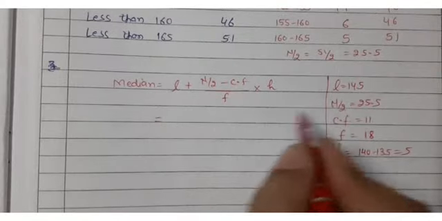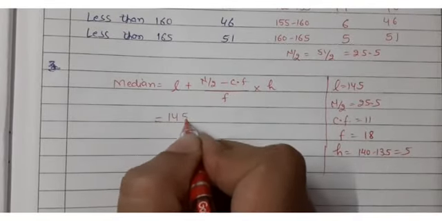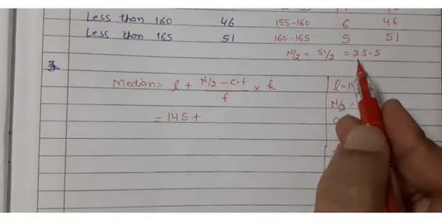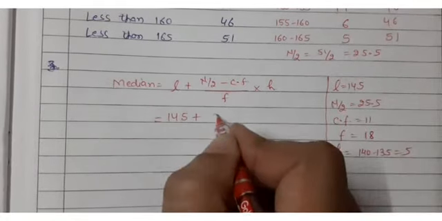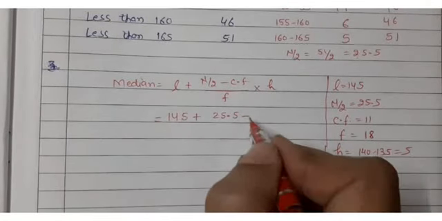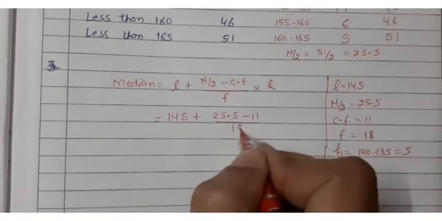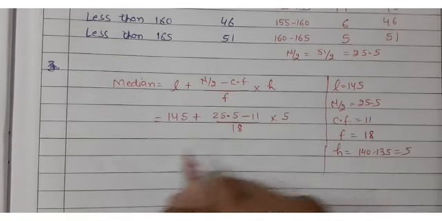Put values here. What is L? L is the lower limit, this is 145. What is n by 2? This is 25.5, minus CF. CF was 11 at that time. And F is 18. And h is 5.